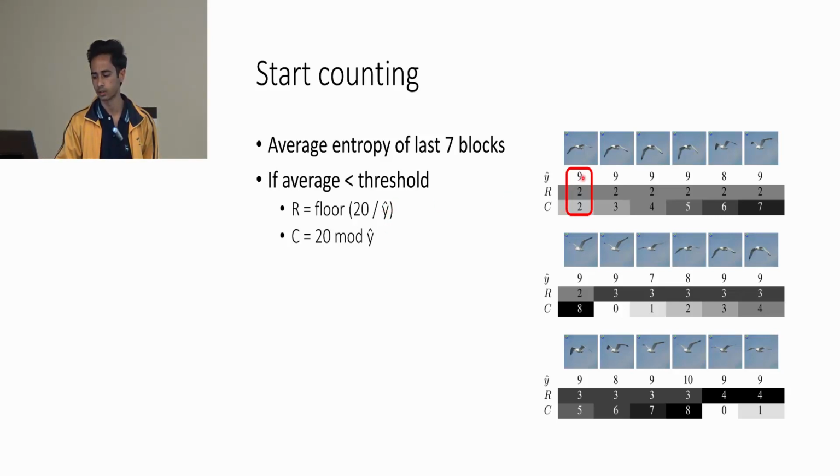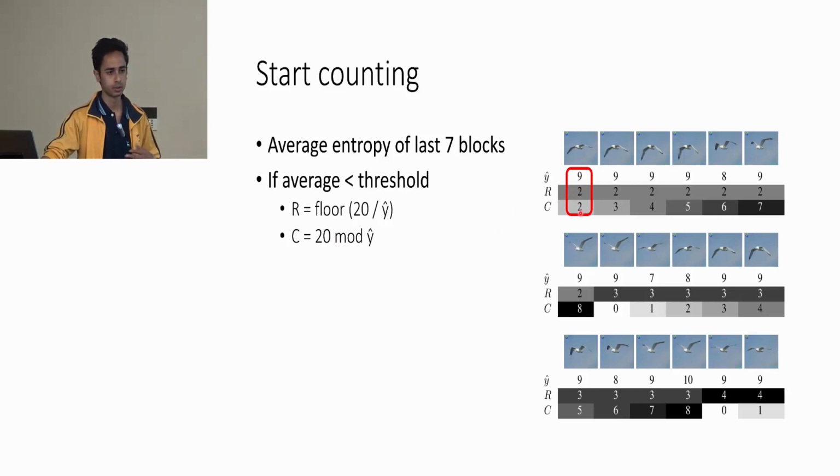Here in this case, 20 by 9 is 2 after the floor. The counter C, to see how many frames have passed since the last time R was updated, is 20 modulus 9, which is also 2.